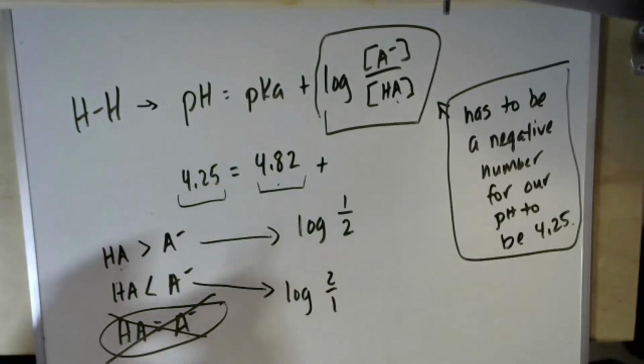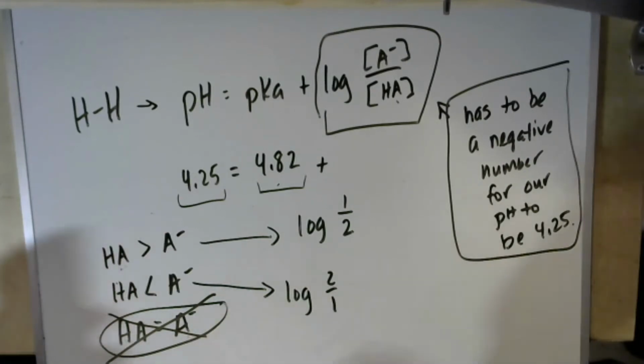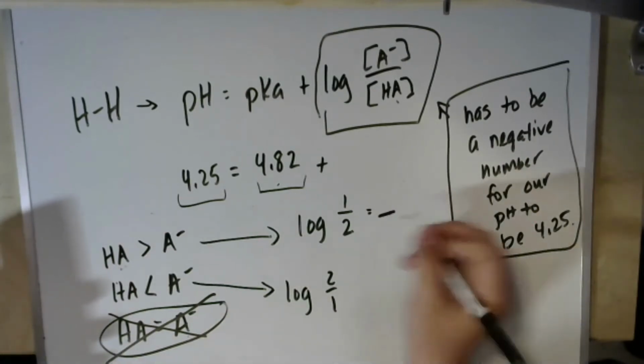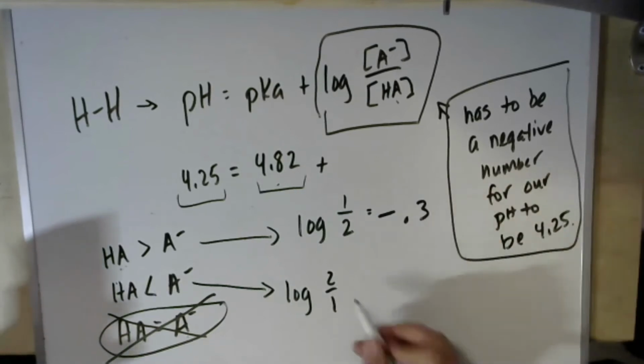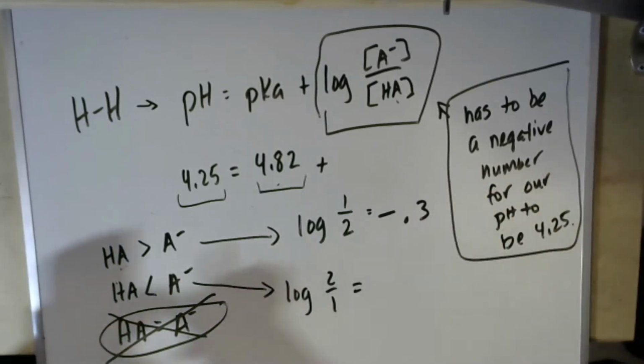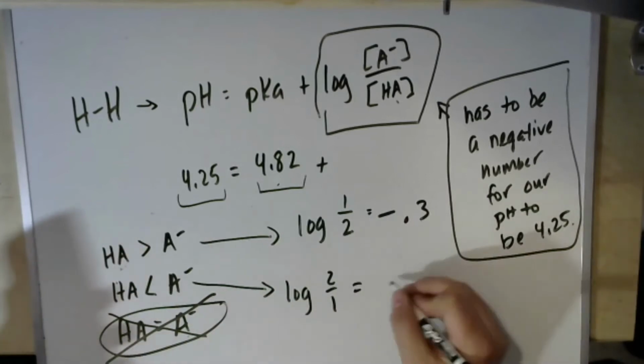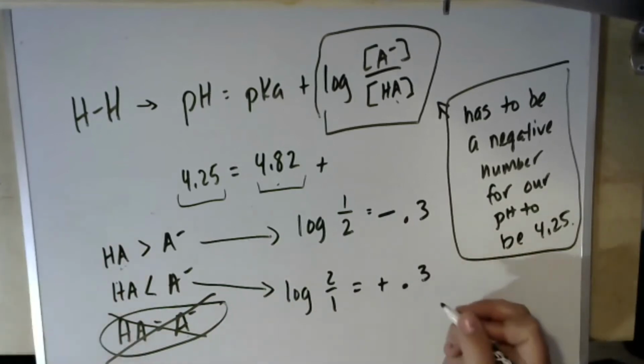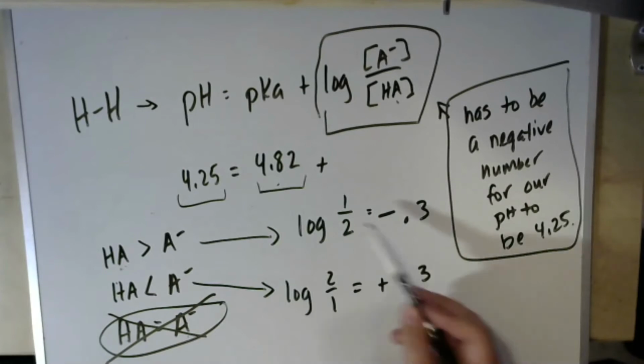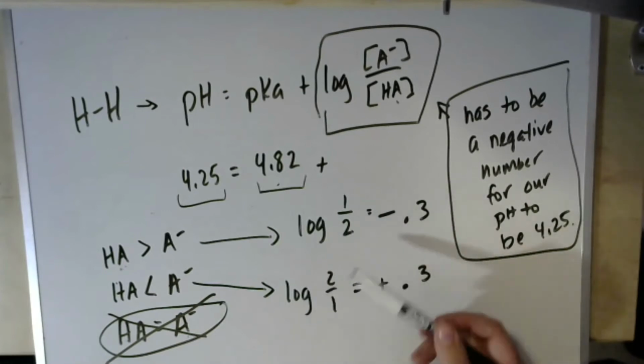So the log of 1 over 2 is negative 0.3. The log of 2 over 1 is positive 0.3. So I can tell just from this, I just picked these numbers at random.